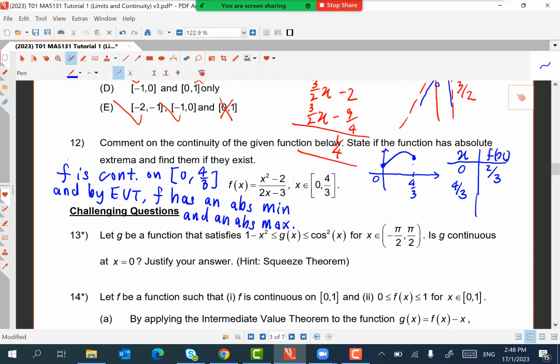Okay, 16, by 2 times 4/3 minus 3. Okay, I get 2/3. Check whether or not you get 2/3. So this graph just now, it means this graph looks like this.